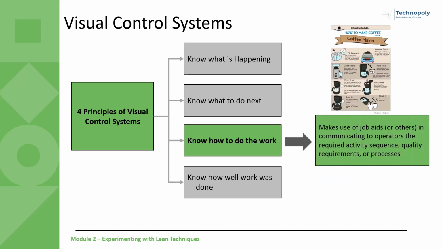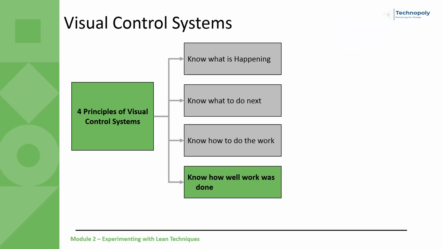The third principle is know how to do the work. This includes making use of job aids in communicating to operators the required activity sequence, quality requirements, or processes. Some of the examples to be used can be right-way visual documentation, photographic job aids, and shadow board for tools. The last principle is know how well work was done.